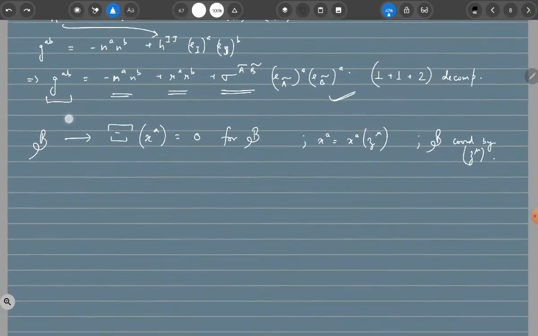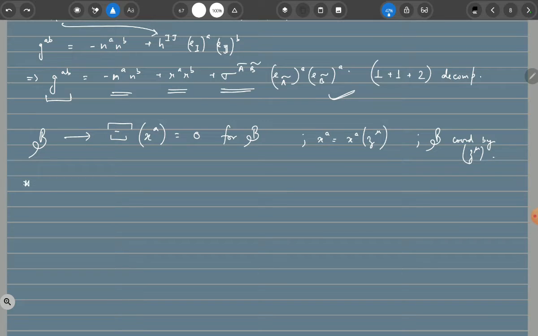Good. So first of all, let us talk about the tangent vectors. The tangent vectors to the curly surface B are given by e_mu^a, which is equal to del x^a divided by del z^mu. Right?